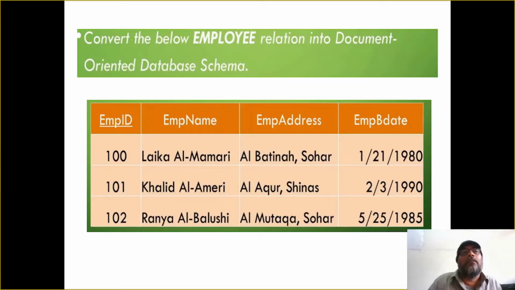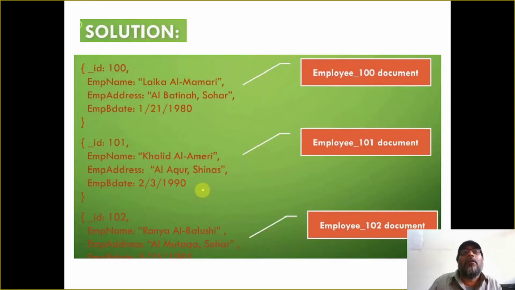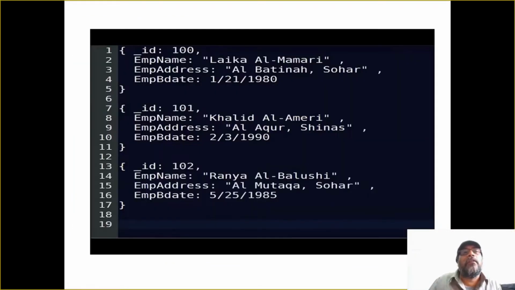And this is another example. Three records are here, the first, second and third: employee 100, employee 101. And when we have an editor and we write, this is the mode of writing.